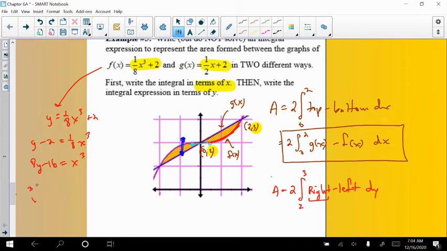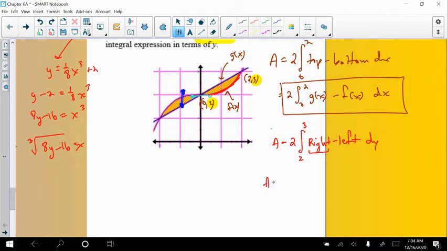So the cube root of 8y minus 16 is equal to x. So that's my rightmost function. So my area is 2 times the integral from 2 to 3 of the quantity, and the cube root already makes it a nice grouping symbol, so I'm okay.